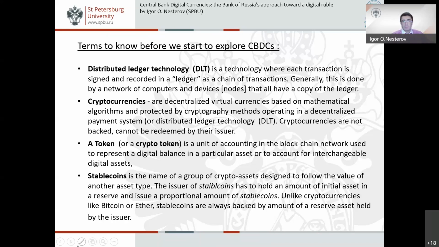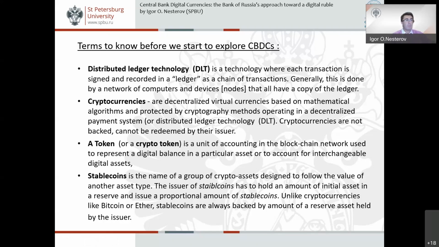So you can see on the screen that stablecoin is the name of a group of crypto assets designed to follow the value of another asset. The issuer will hold an amount of the initial asset in a reserve, for example, an amount of euro, and only after that can it issue a proportional amount of stablecoins.